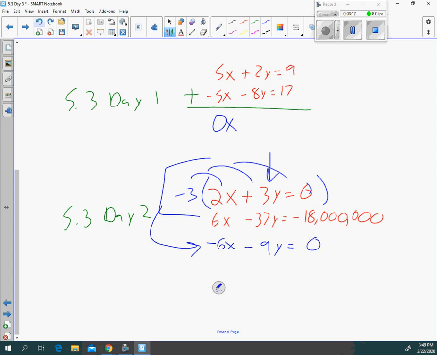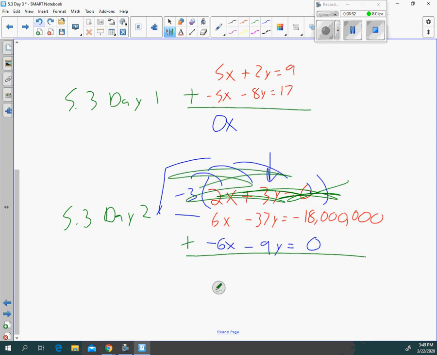Equals still 0, right? And so when you do that, now you have opposites, correct? For these ones, ignore this top row here. But right here has 6x minus 6x. So that's a 0. That's what we're looking for.